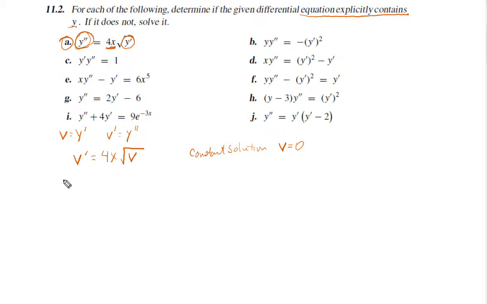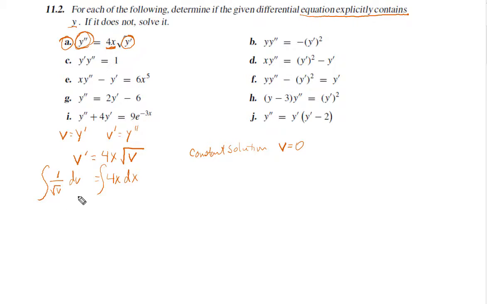So, let's see how we would go about solving this. We can separate this and get the v's on the left, x's on the right. So v prime, which is dv dx, if we divide both sides by the square root of v, that would be a 1 over square root of v times dv, and that would be a 4x times dx, and we can integrate both sides.